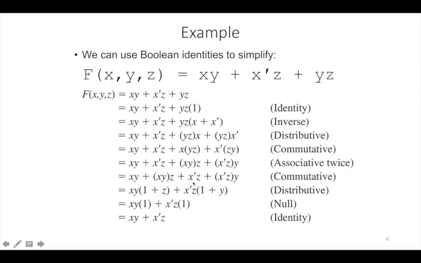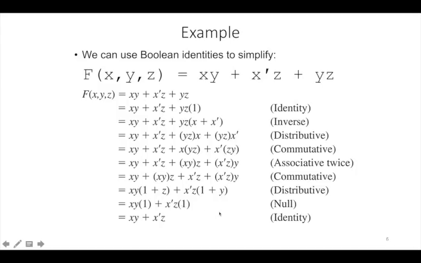The last two components of the Boolean function can be transformed into x complement z AND with 1 OR y. Based on the null law, we can see that 1 OR with z equals 1, and 1 OR with y equals 1.